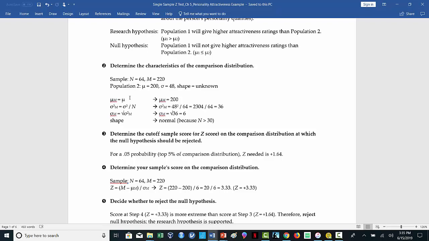And that just makes kind of sense if you start to think about what a distribution of means is. Again, if we did a study with 64 people each time, and we did the study, let's say 10,000 times, and we calculated a mean every time, well, on average, the means are going to approximate the population. So the mean of the distribution of means ends up being the same mean as the population.